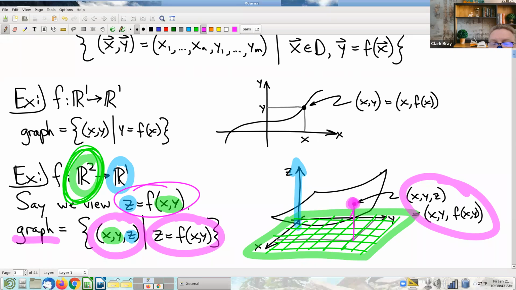And that's going to tell us how far to go up from that point in the XY plane. In some sense, you can think of this as: you start with the XY plane, and the function tells you how much that plane gets lifted up. It gets lifted up different amounts in different places, and it's going to make a surface. Everybody with me?